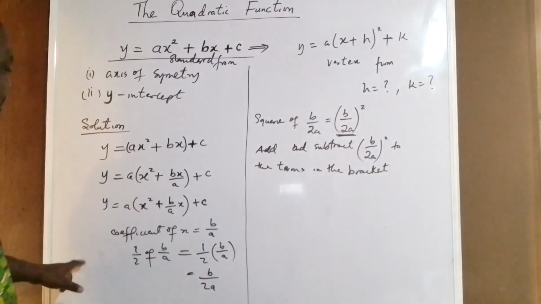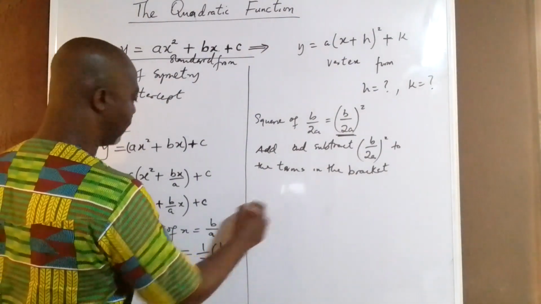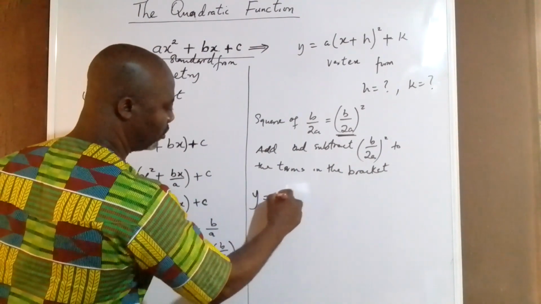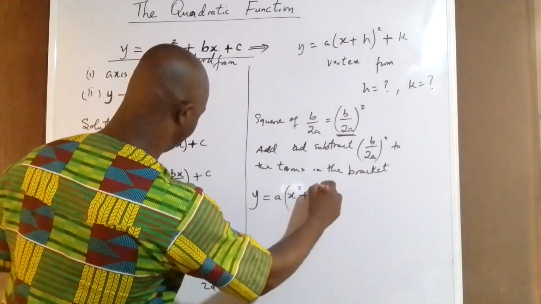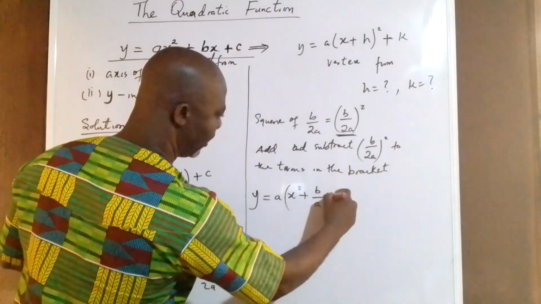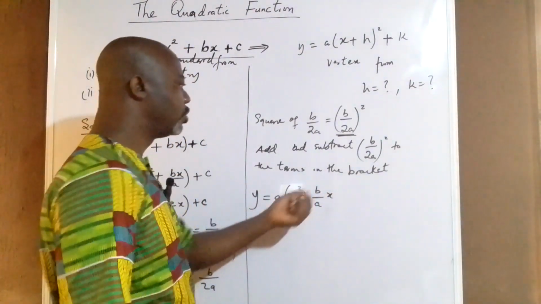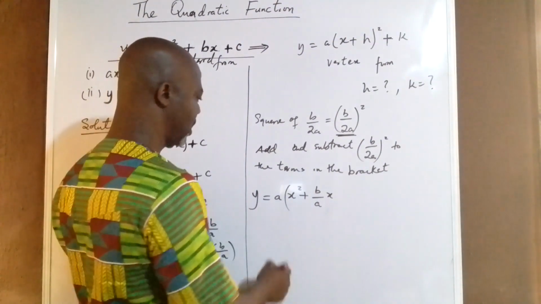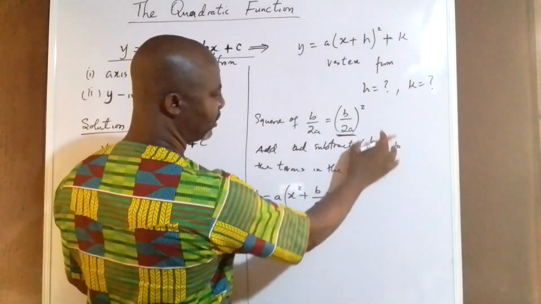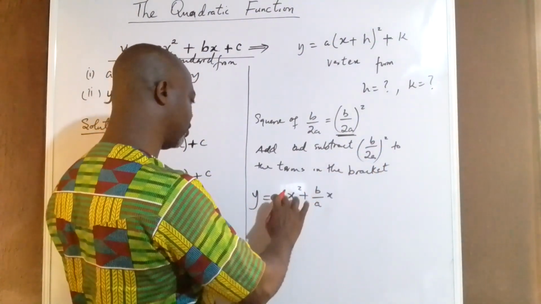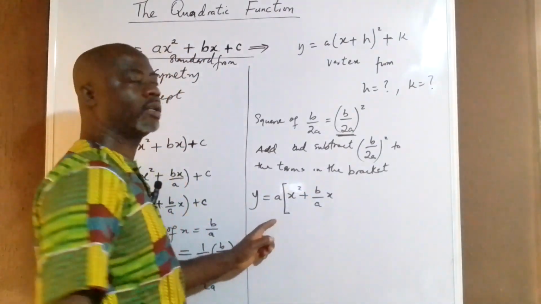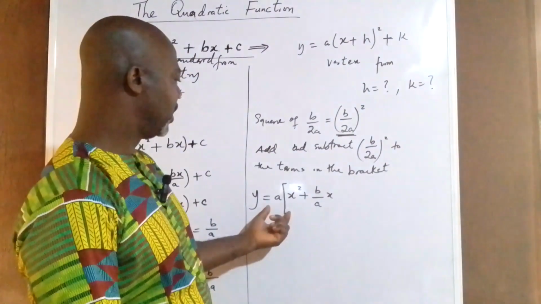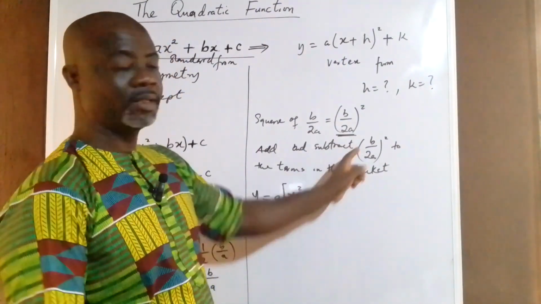Add and subtract. Once we add and subtract, the function becomes y equal to a, open the bracket, x squared plus b over a x. Now we are going to introduce this term. Because this term has a bracket already, we are going to use a different kind of bracket. So I'll use a square bracket to indicate that the 2 brackets are separate.